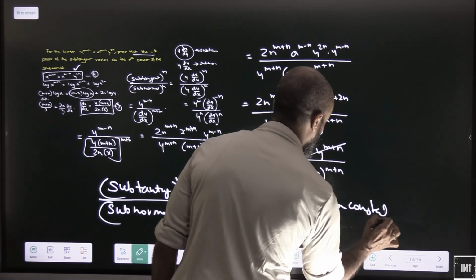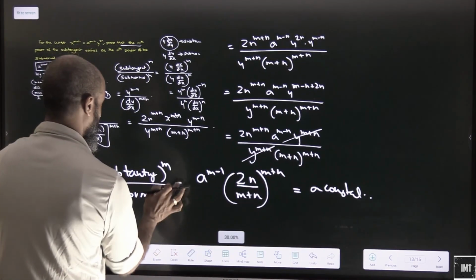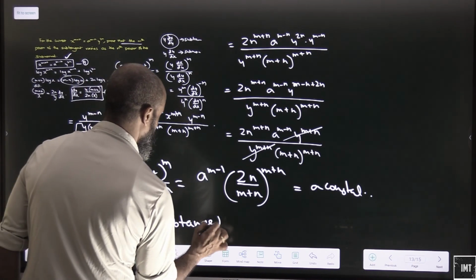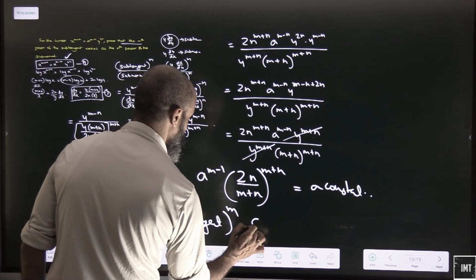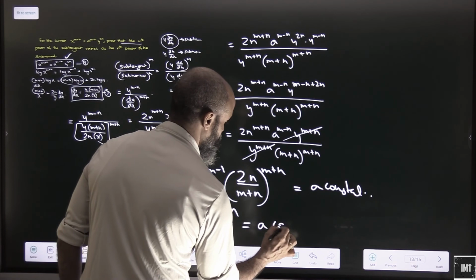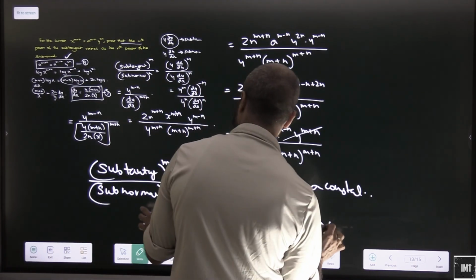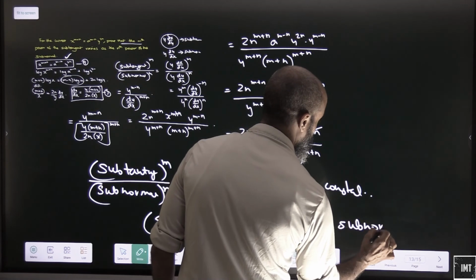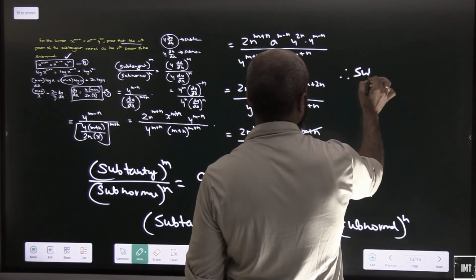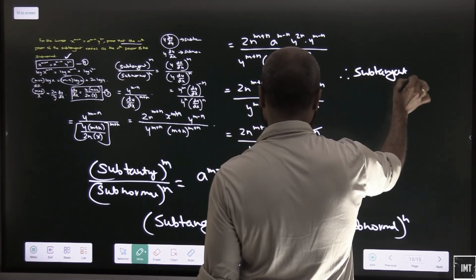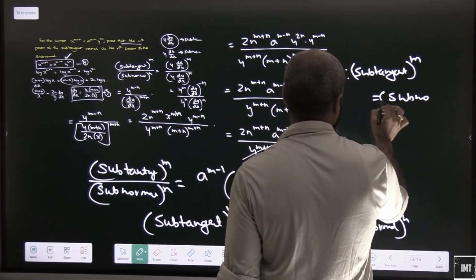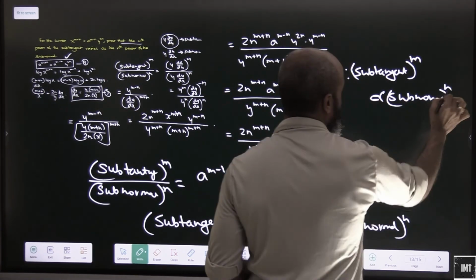So we can say that subtangent raised to m is equal to a constant into subnormal raised to n, which would therefore mean that subtangent raised to m will be proportional to subnormal raised to n.